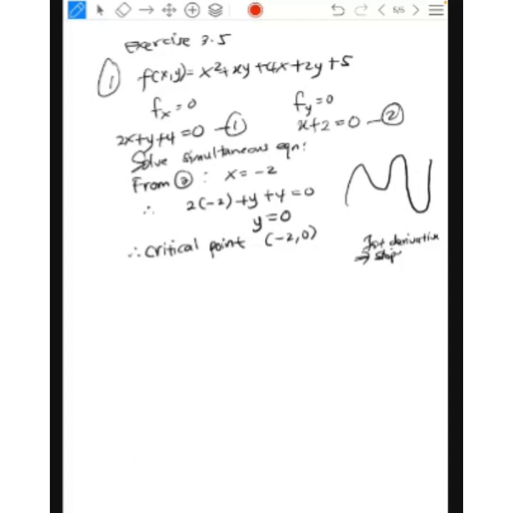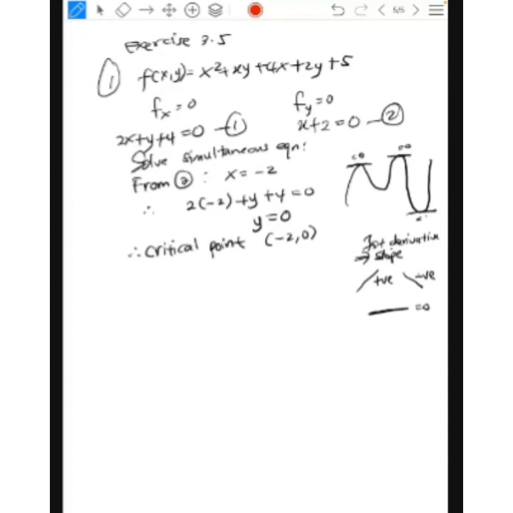And then when the slope is positive, it will go up. When the slope is negative, it will go down. And then when the slope is 0, it will actually be horizontal. So it happens here, where it equals zero, because we equate it with zero. Okay, because we want to find this critical point first.